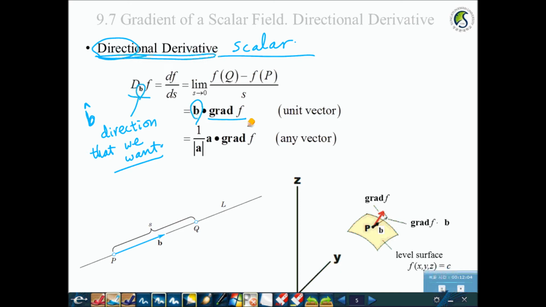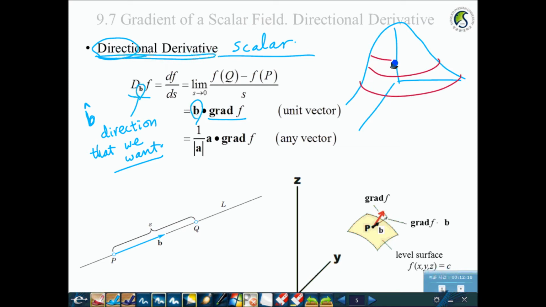What does that mean? This picture shows that. Let's say we have x, y, z, and this is f of x, y, z, for example, and that's the surface here.